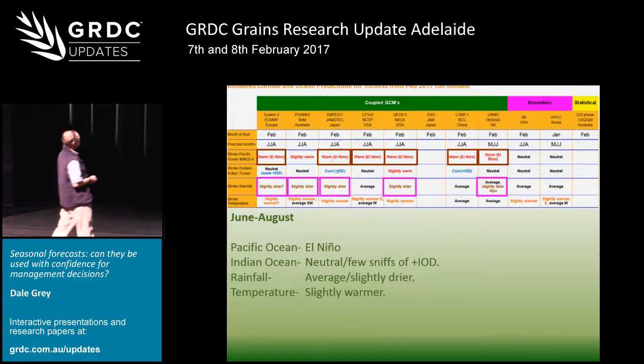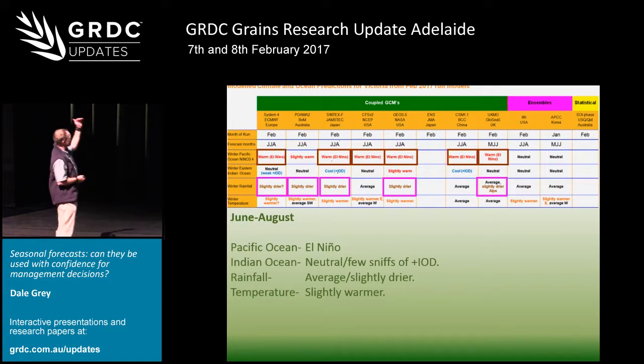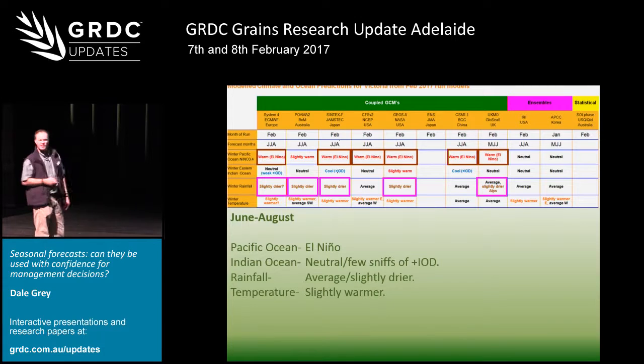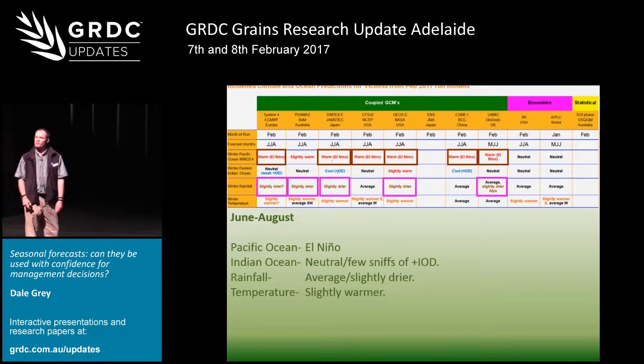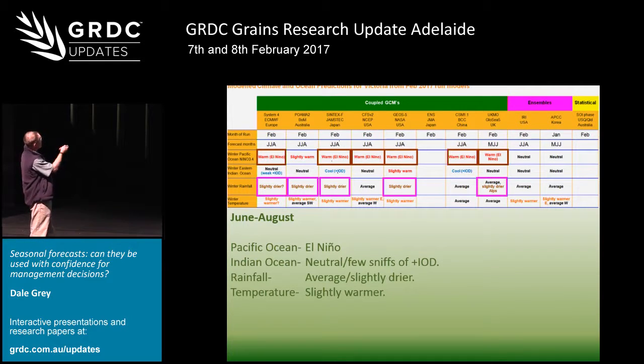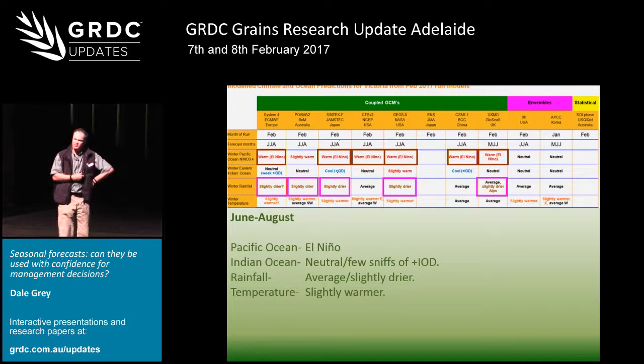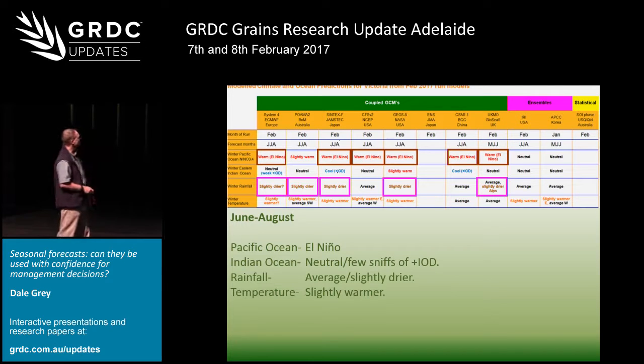The real interesting stuff is how these models are all seeing the progression into the middle of the year to winter, and damn it all if they're not all jumping on the El Nino horse, which is really bizarre because as we don't have an El Nino at the moment, what are these things doing? Are they on drugs? What are they seeing? And they're also predicting drier ones as well. There's even a few snips of IOD positive which often go with El Nino.